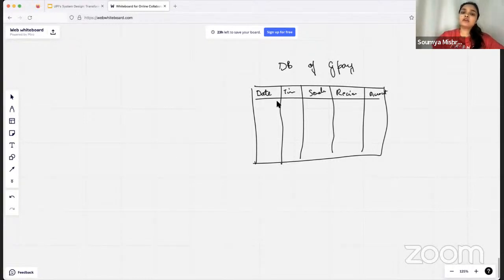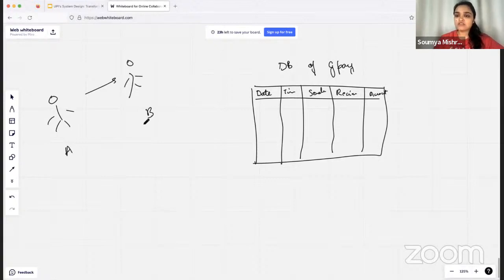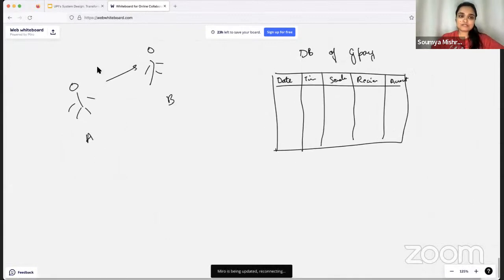Yeah, Jayesh, there would be a transaction ID. Actually, there will be a lot more things, I'm just trying to simplify it. So basically, just think of whatever your database would be having, okay? So this person sent, and this was a success.